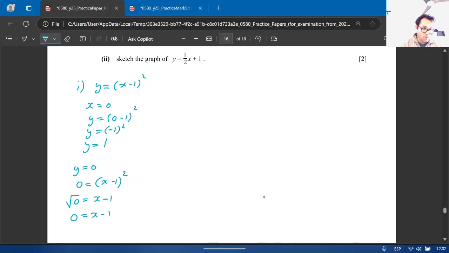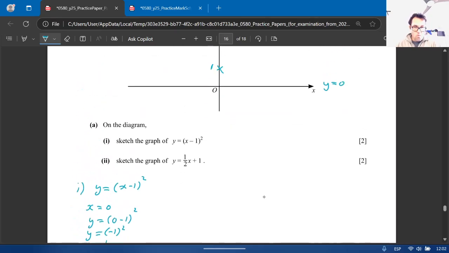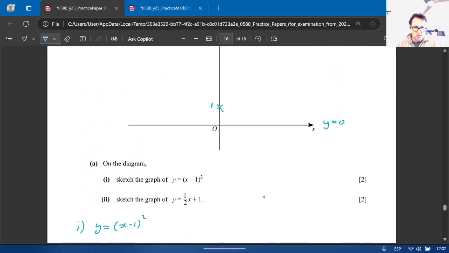And then we move the 1 across. So that means x equals 1. The other way is to say x minus 1 equals 0. It's the same thing. So we know it crosses the x-axis at 1, or does it cross it?